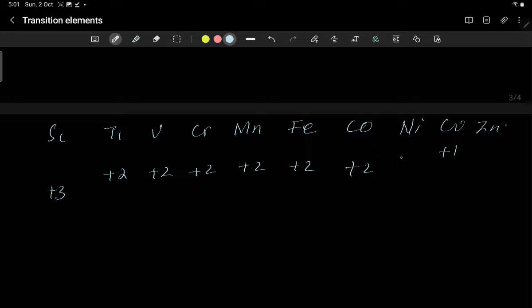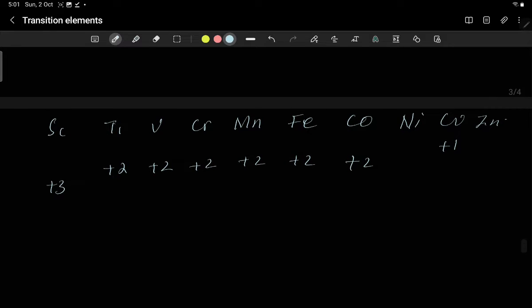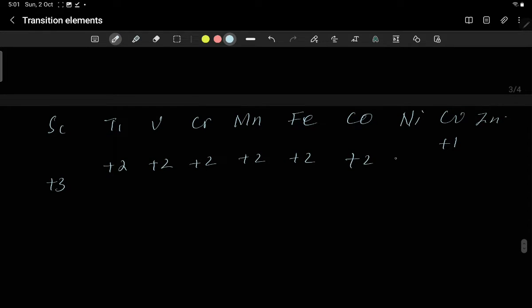This is the common feature of transition elements except scandium, and all have +3 as well.